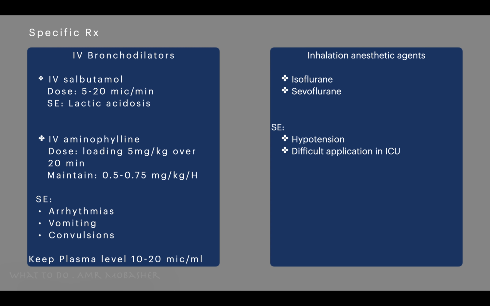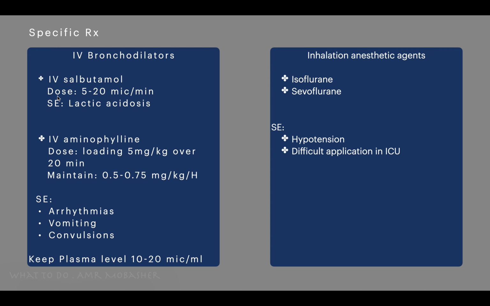In life-threatening asthma on the mechanical ventilator, we have some specific treatments, like the ones mentioned before: salbutamol nebs, steroids, magnesium. And for the mechanical ventilator patient, we can add more treatments like IV bronchodilators. Two examples: IV salbutamol, in addition to the salbutamol nebs.